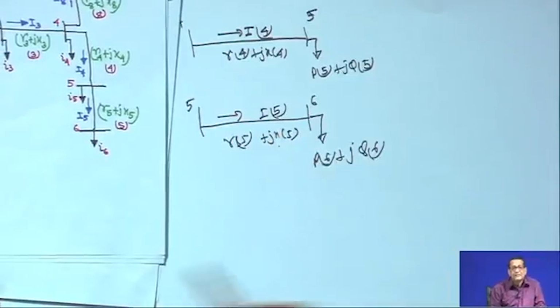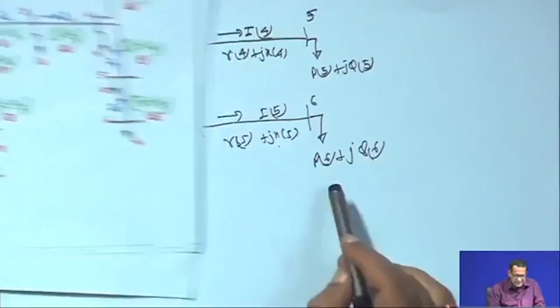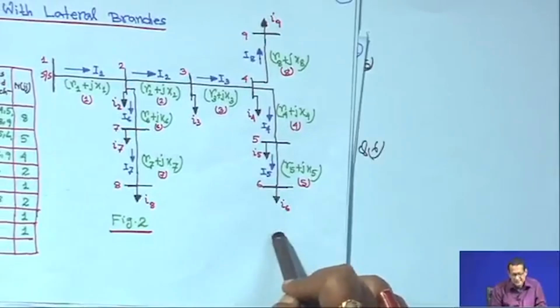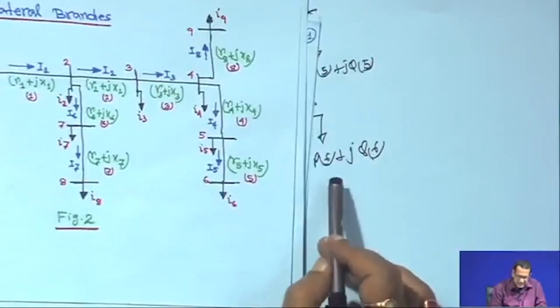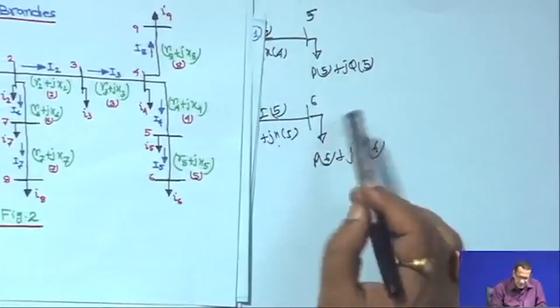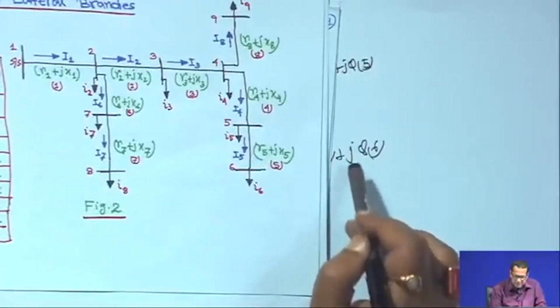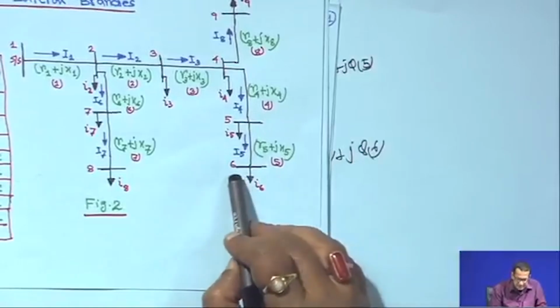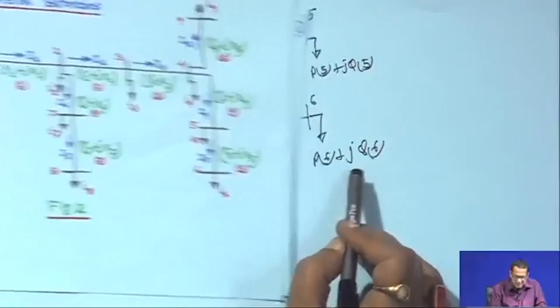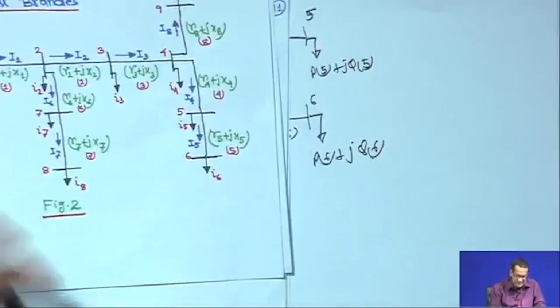In this case, this is the last node; beyond this there are no other nodes or branches. So, what is P 6, the total load fed through this node? P 6 is equal to P L 6 and Q 6 is just Q L 6, because this is the last node.